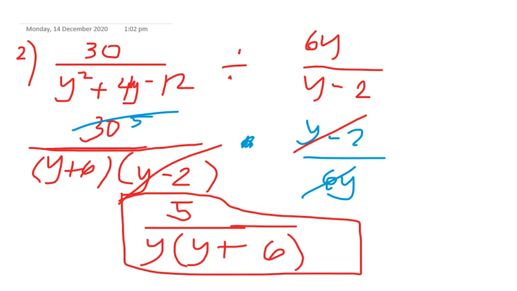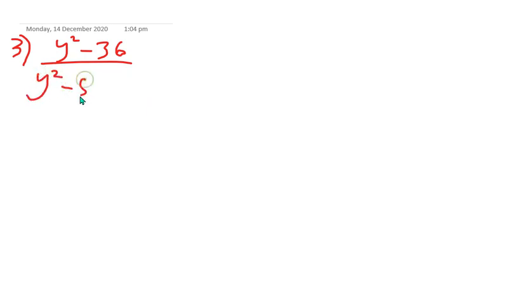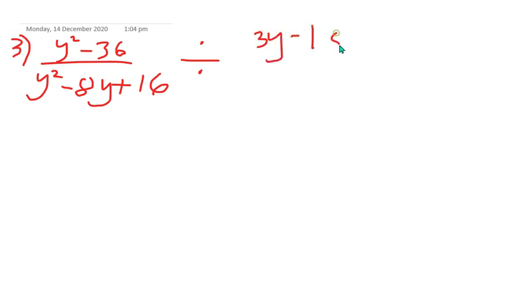Okay, and another example, example number 3 on division. If we have y squared minus 36 over y squared minus 8y plus 16, divided by 3y minus 18 over y squared minus y minus 12.